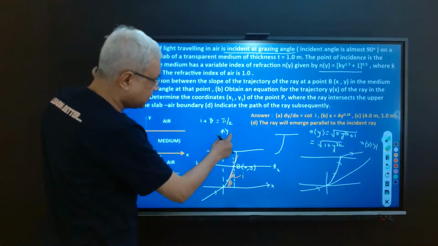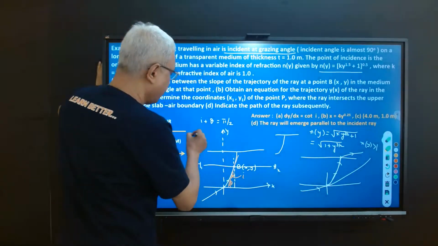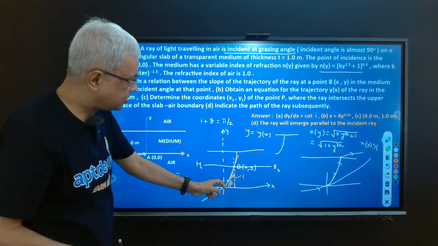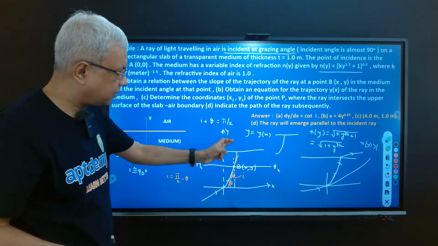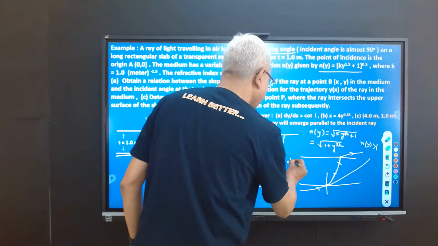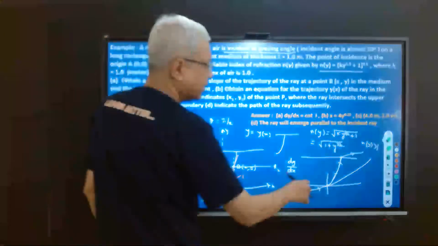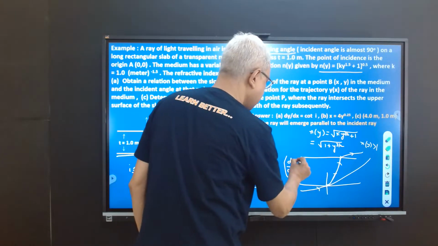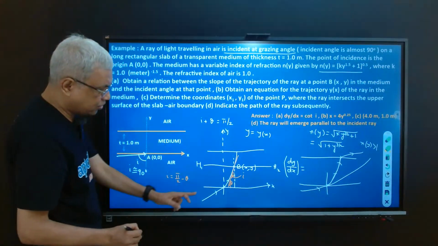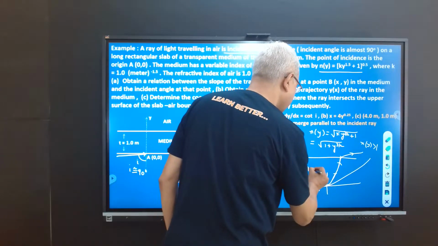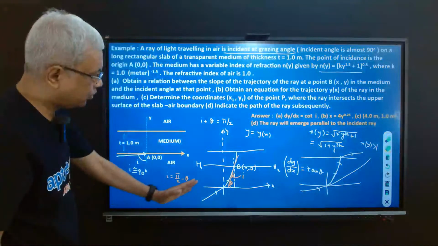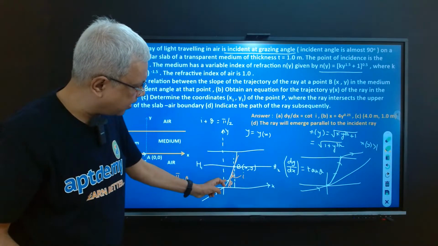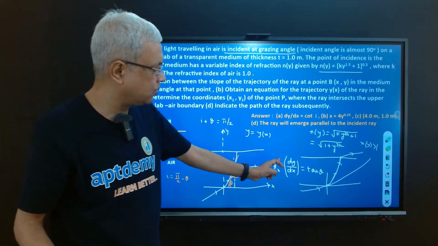Now see what this theta indicates. If y is a function of x, that is y represents the profile of the path, the trajectory of the light ray, then dy/dx is nothing but the gradient of the trajectory at the point x, y. So dy/dx is nothing but tan theta. From the diagram it is very clear, the slope of the tangent, this angle is theta, so dy/dx is tan theta.